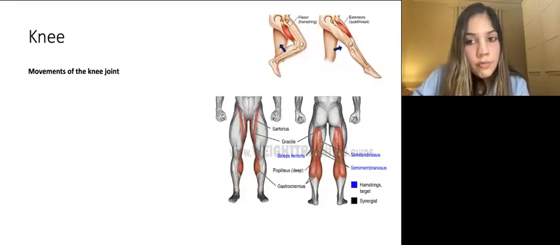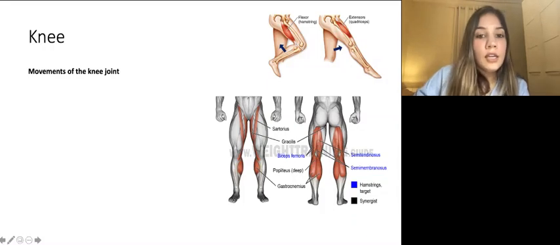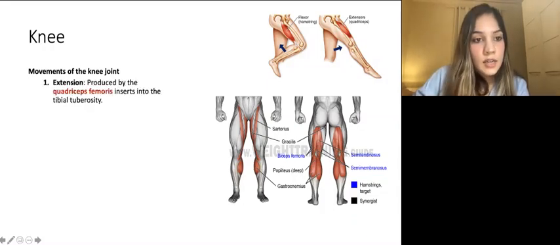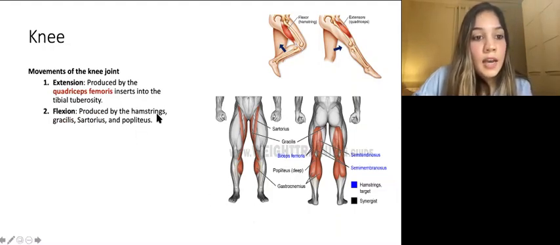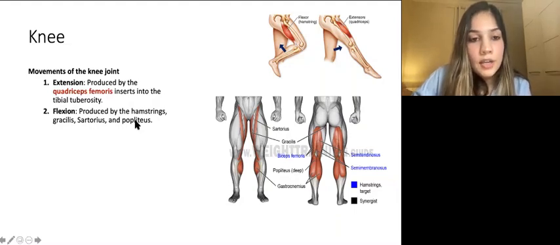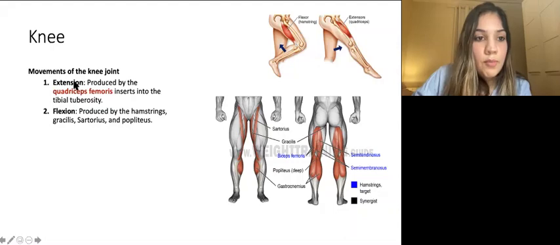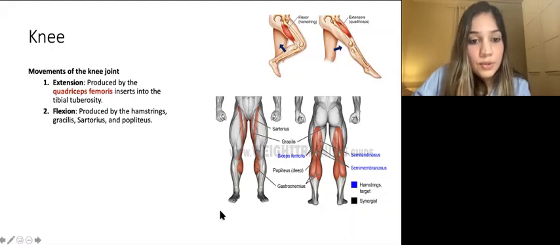And movements of the knee joint. Primarily, the knee can flex and extend. Flexion is mainly by the hamstrings and these other muscles, which we'll go through in greater depth later on during the talk. Extension is primarily by the quadriceps muscles.